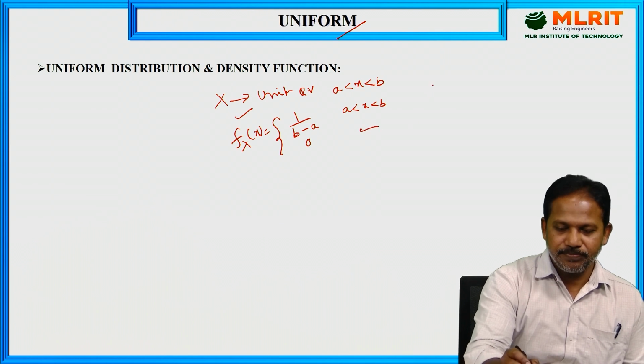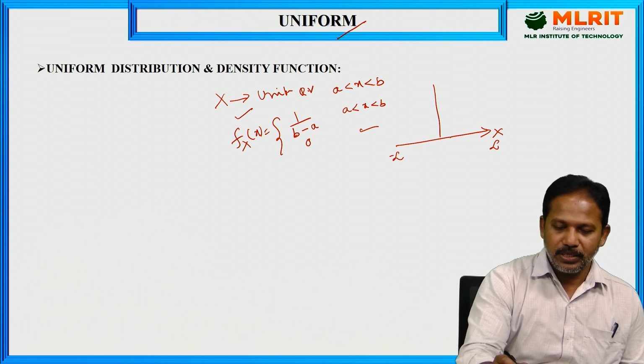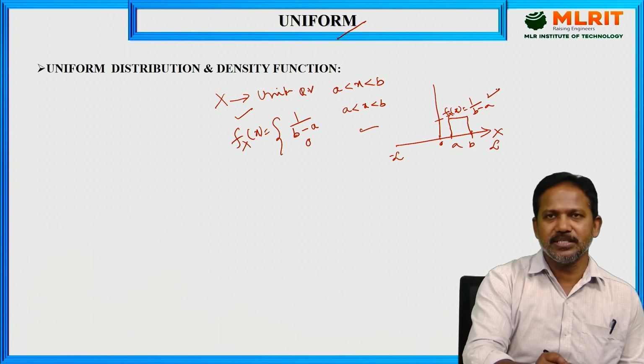My random variable varies between minus infinity to plus infinity, and from a to b it is uniformly distributed. So the density function is fX(x) equals 1 by b minus a.